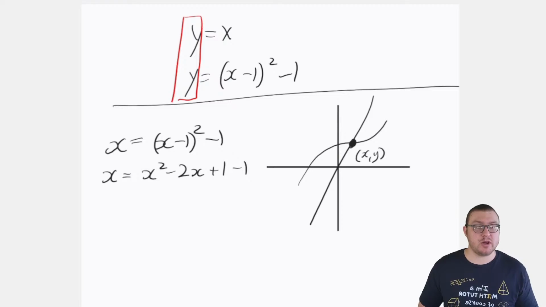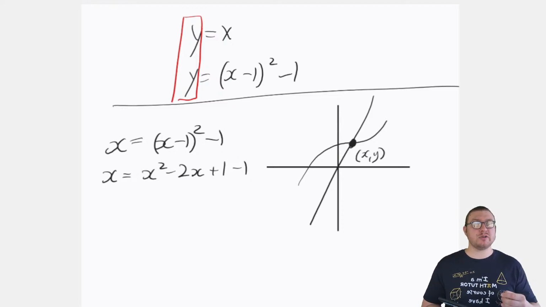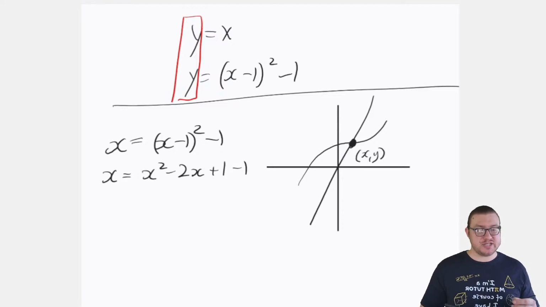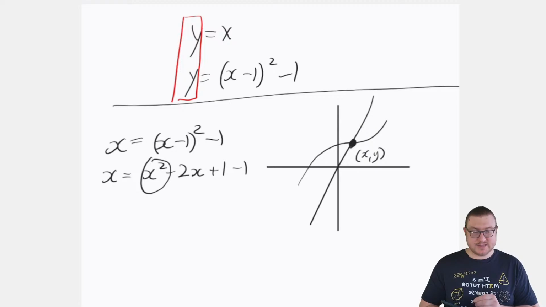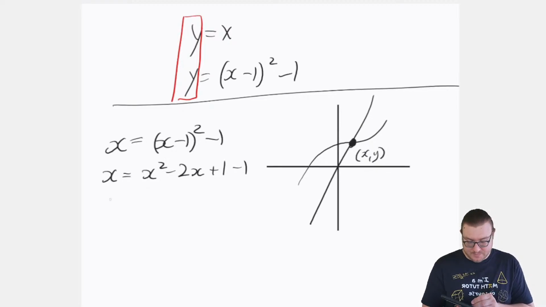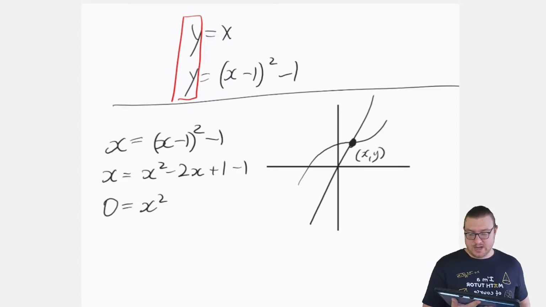Remember, when we were looking at these equations, we want to solve this when it's equal to 0. And we recognize this because we have a squared. So we're going to get 0 equals x squared, now we have minus 2x plus 1 minus 1, so plus 0.